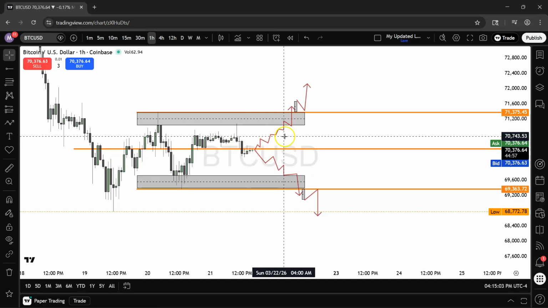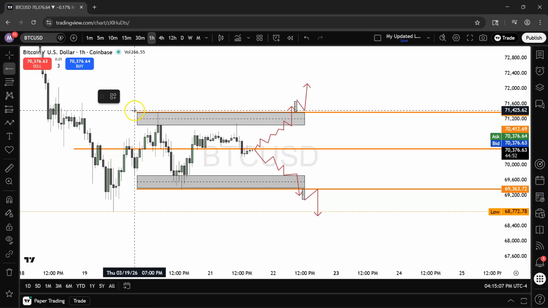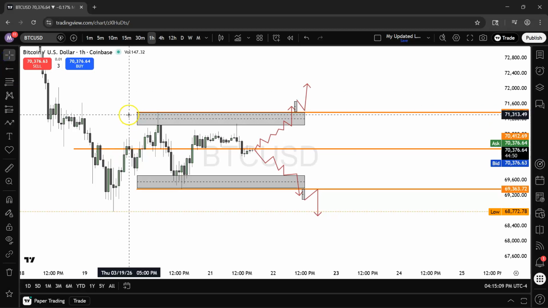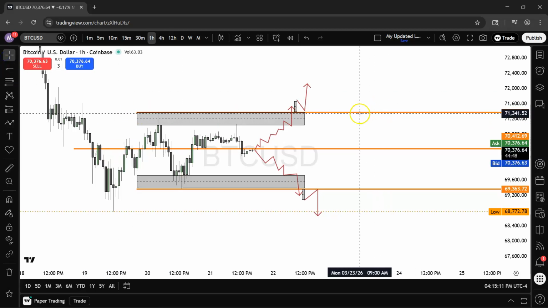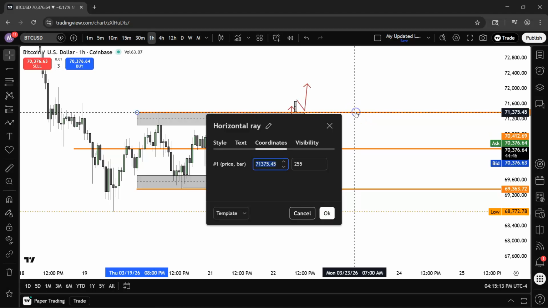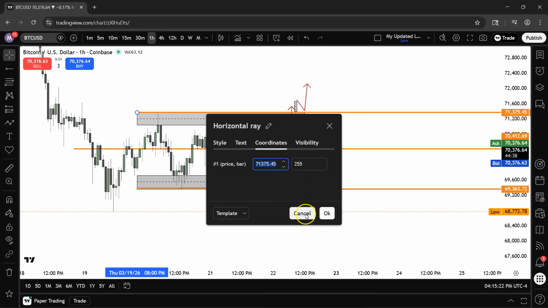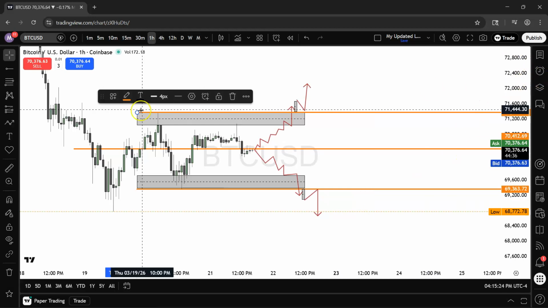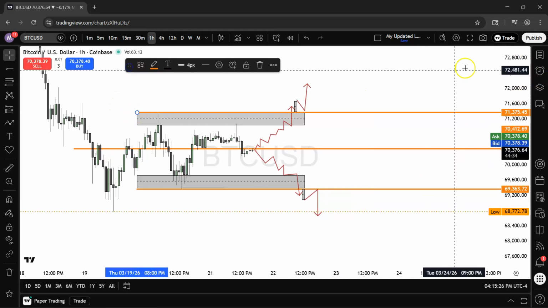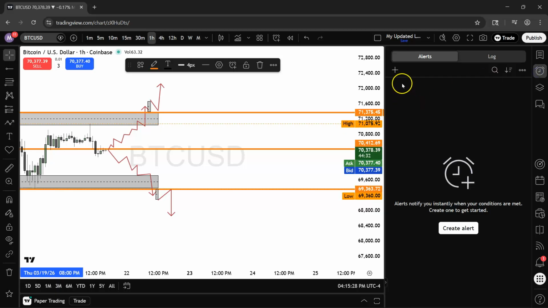So will it happen today? Don't know. That's why you got to, number one, take the high and get its coordinates. You double click the line, get its coordinates, copy the coordinates, go over here on the right panel, hit the alarm clock.